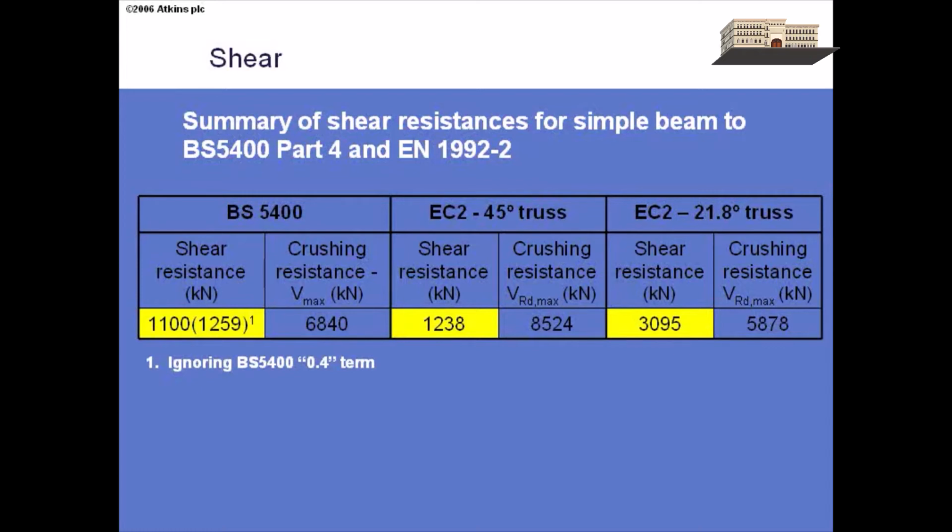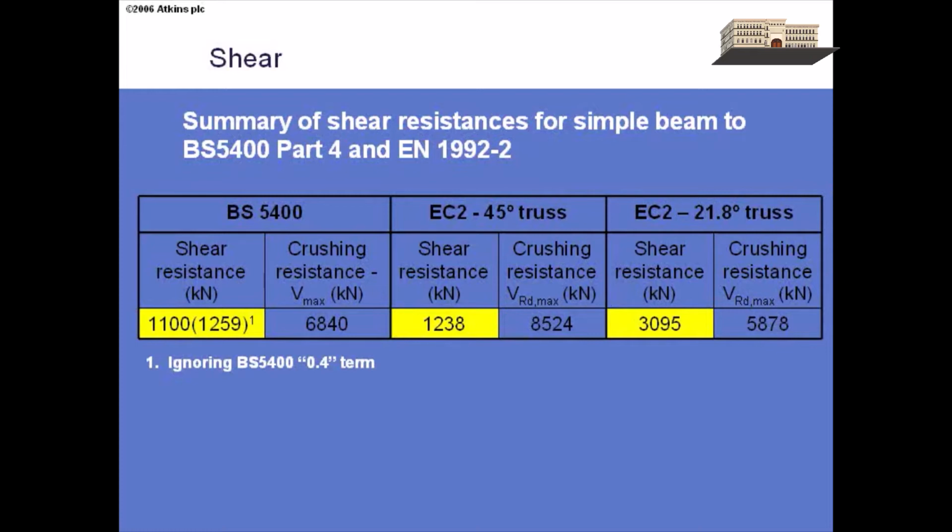The crushing resistance based on Vmax is a great big wide section, so you wouldn't be expecting to get anywhere near it. The crushing resistance therefore comes out a lot bigger. So the governing resistance is based on the links that are provided. If we do the same calculation to Eurocode 2 and we use a 45-degree truss angle, then we're basically using the same assumptions as BS500 in terms of links, but we're not allowed to add a concrete term.